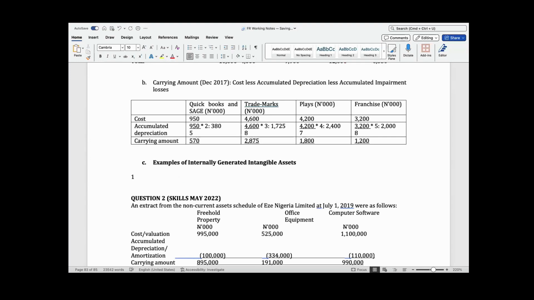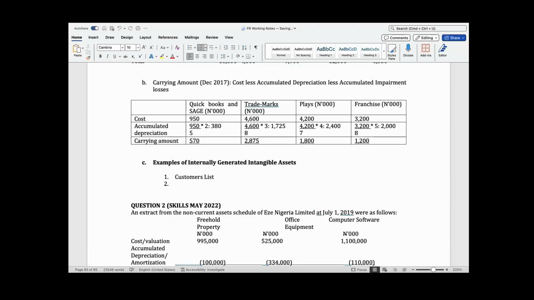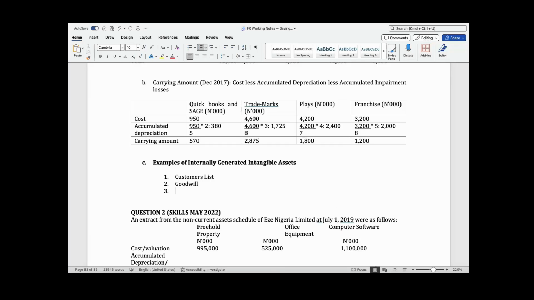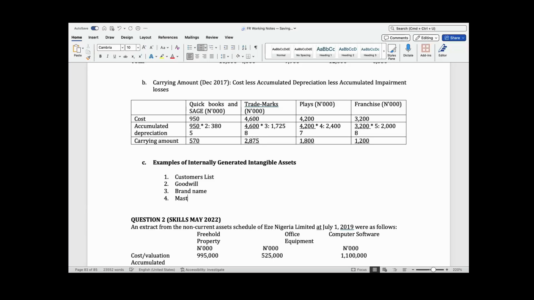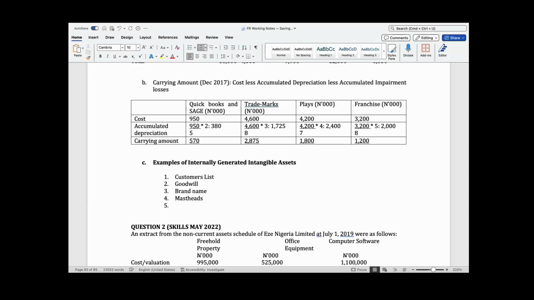Number 1, customers list. Correct. Number 2, goodwill. Number 3, brand name. Number 4, patent.